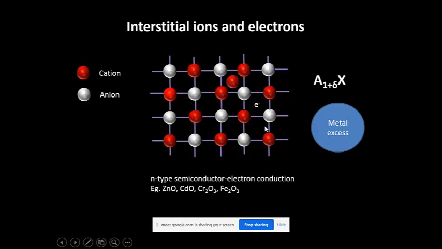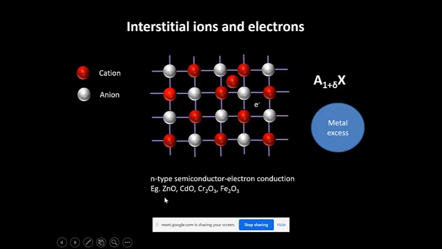This kind of defect is also a metal excess defect because there are more metal cations, 1+δ, than the anions. This defect also leads to n-type semiconductivity, where the electrons are the charge carriers and can move in the lattice, leading to semiconducting nature.